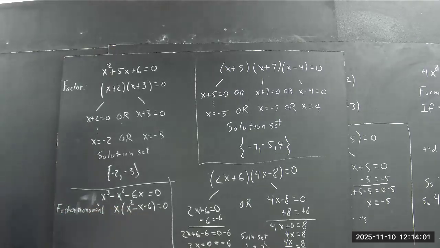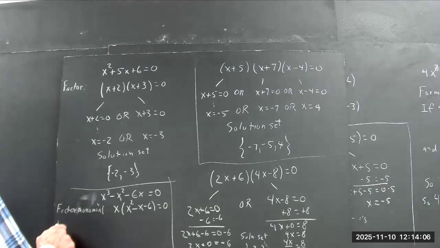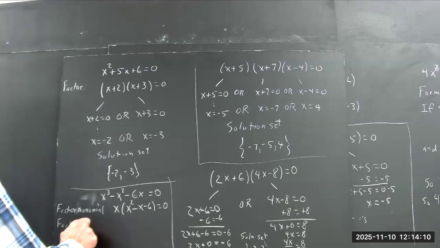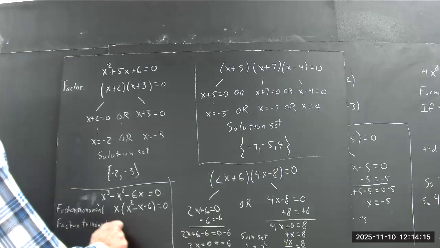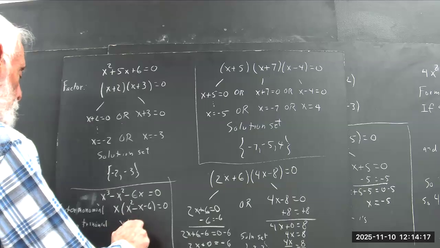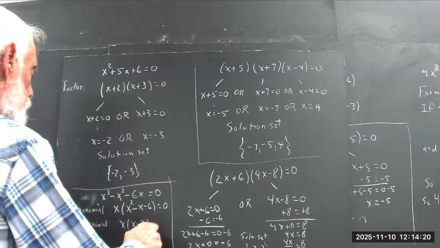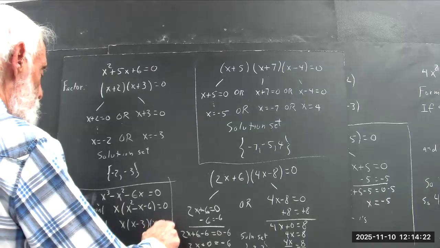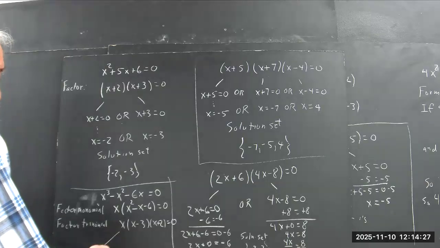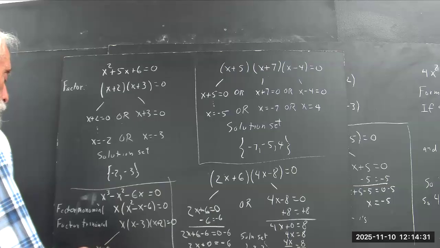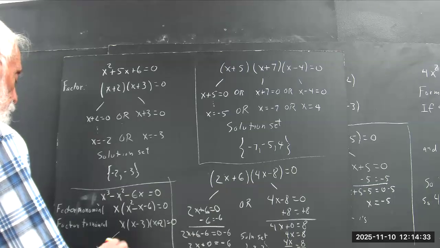And now we have a trinomial that we can easily factor. And this breaks into 3 factors, each possibly equal to 0.